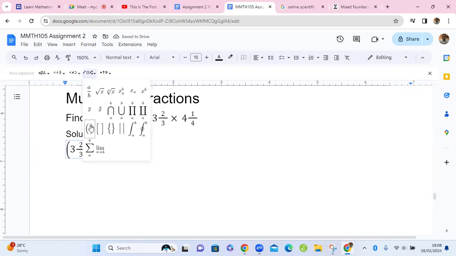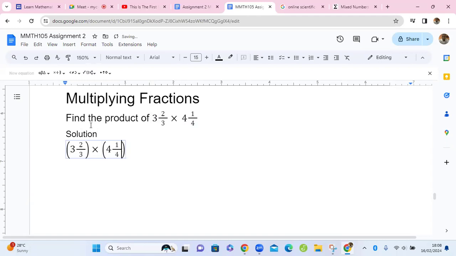That's if you want to multiply this as mixed numbers. And now you expand this out, because 3 2/3 is a plus, so that's 3 plus 2/3 times 4 plus 1/4.